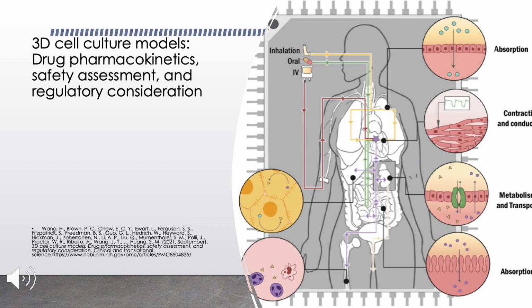In this figure, the 3D cell culture systems are being developed to mimic the physiological organs, just as we discussed earlier, which in turn helps evaluate the drug absorption, how it's distributed in the body, how it's excreted, the metabolism of the drug, the function of the heart and how it reacts on the heart, as well as the immune response to the lymphatic system.